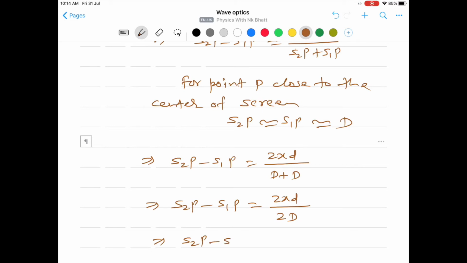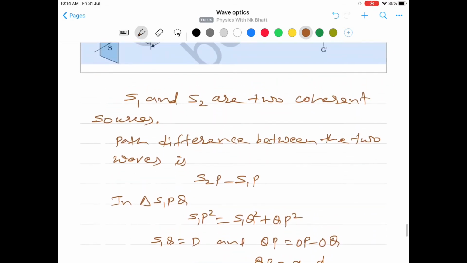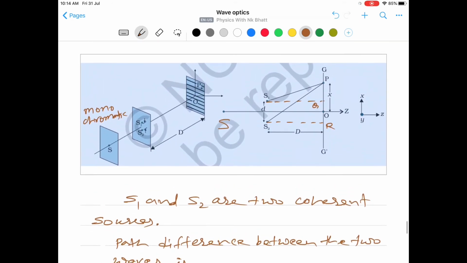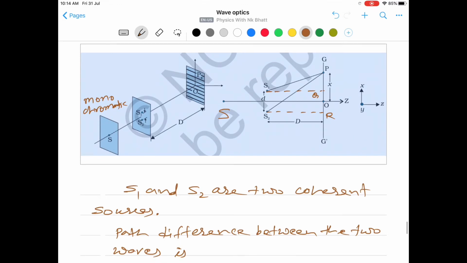So S2P minus S1P is equal to xd upon capital D. We can replace this path difference, S2P minus S1P, with the symbol y.